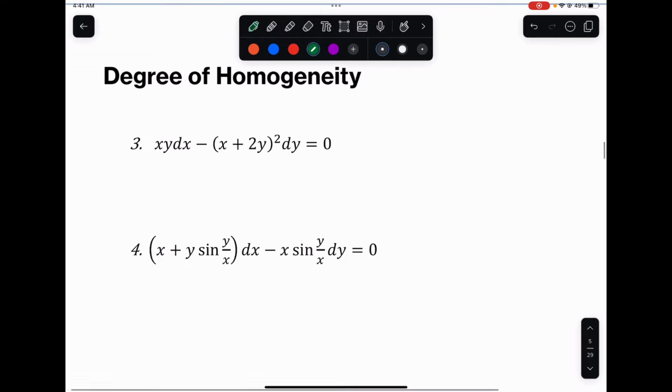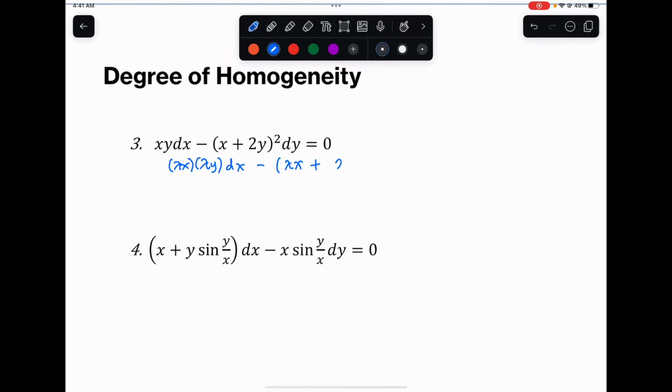So how about this one? Okay, so let's say we have x, so this is lambda x, then y is lambda y, dx minus, okay, lambda x plus 2 lambda y squared dy is equal to 0.